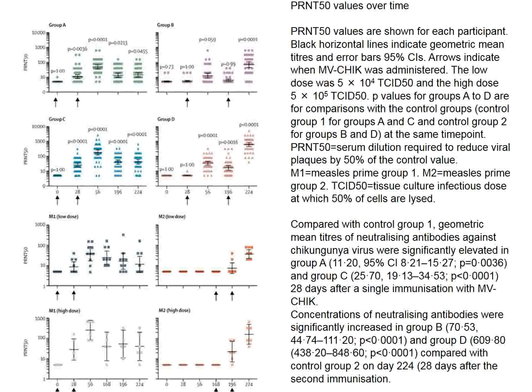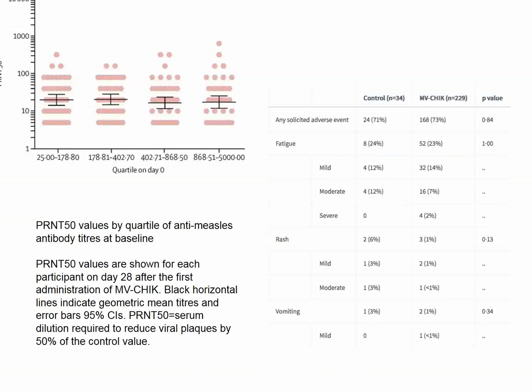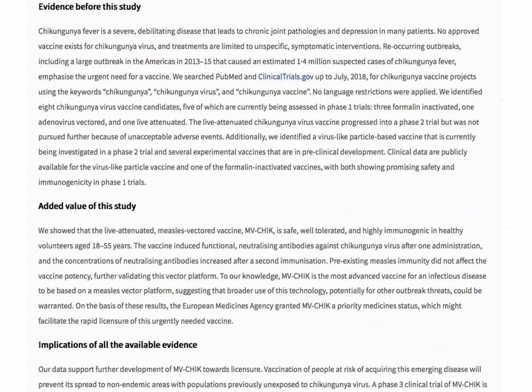And we see that over time, antibodies are developed that neutralize chikungunya virus compared to the baseline display where all groups were the same. So this study gives us some hope that a vaccine is coming that protects patients against chikungunya fever.